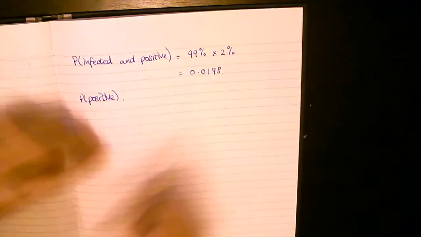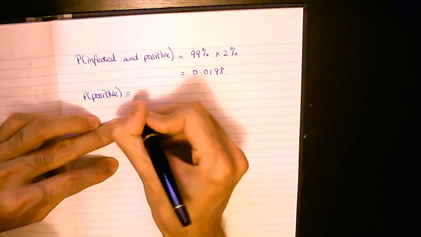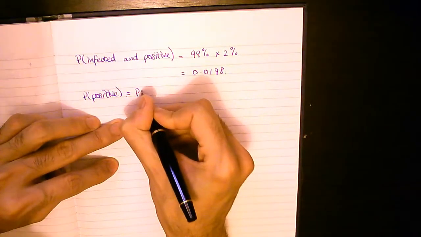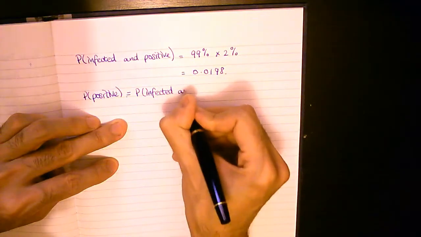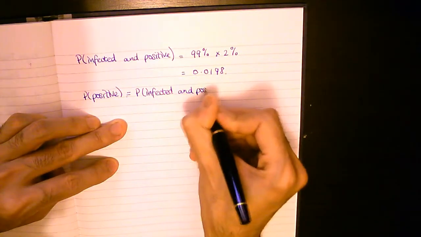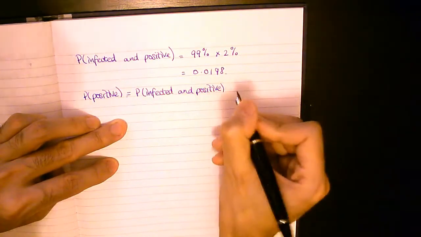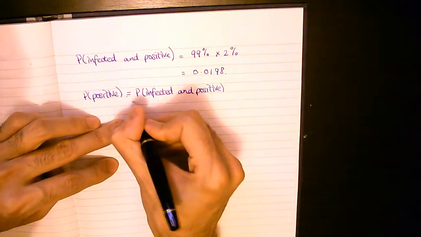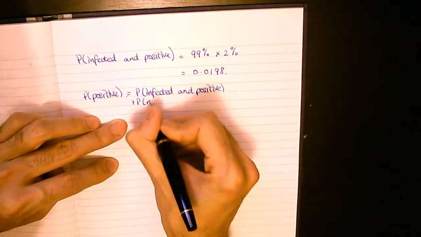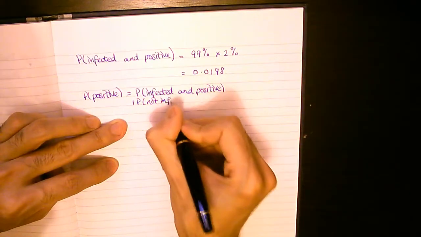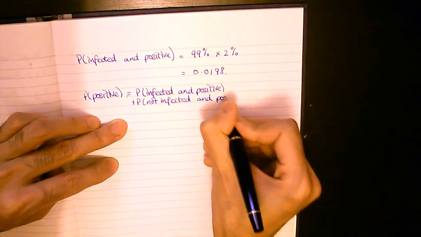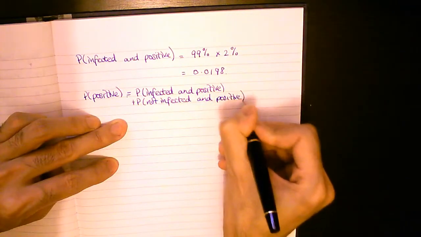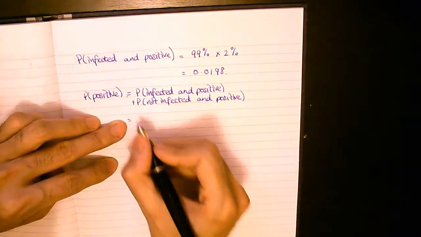So positive is going to be the probability of infected and positive plus the probability of not infected and positive, and we just stick in the numbers.